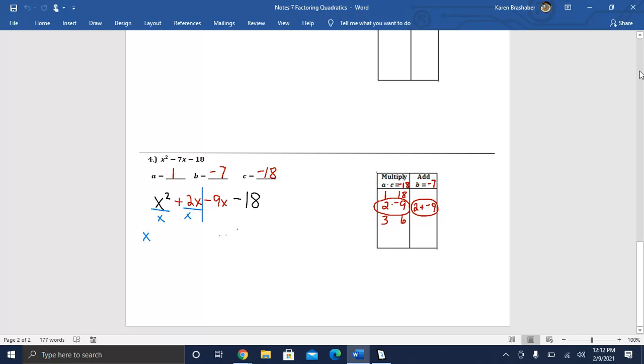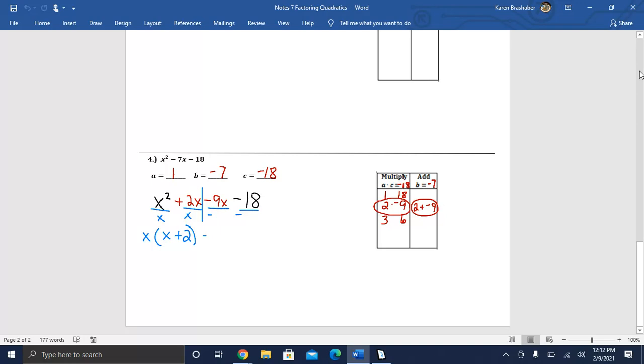Having x outside the parentheses, you will have left inside the parentheses x plus 2. Notice that your third term is negative, so we will divide by a negative. I'm going to go ahead and put that negative sign down in my next line.